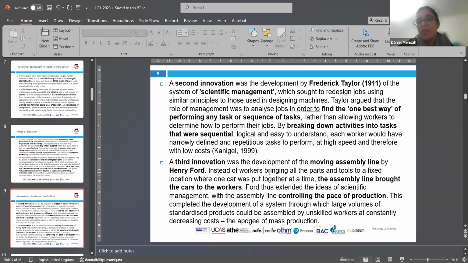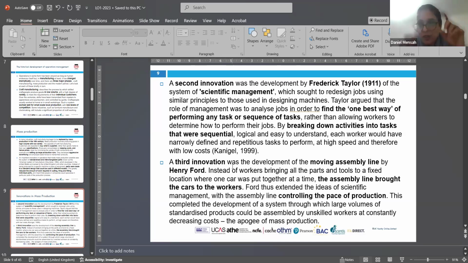It was also helping them to save time and improve productivity. So they were controlling the pace of the production. And similarly to scientific management, whatever task was assigned to each worker, they trained them for that specific task, even an unskilled worker, and he performed that task repeatedly.